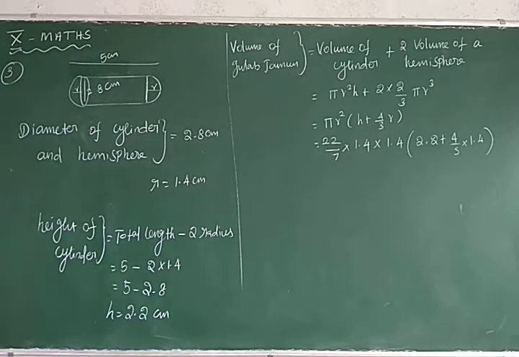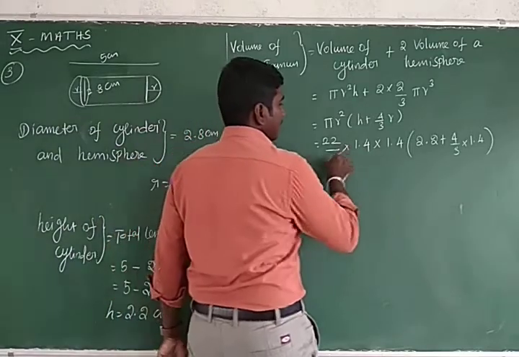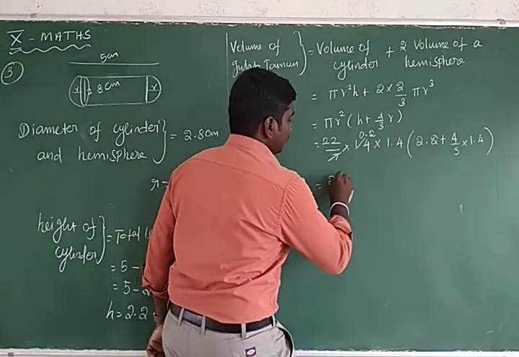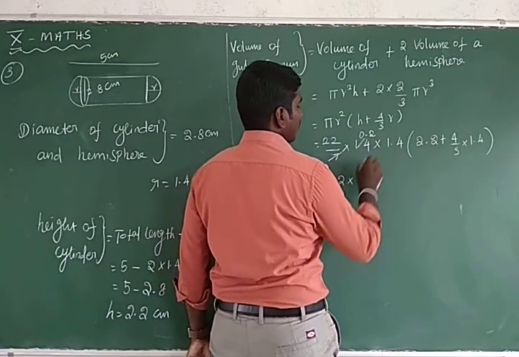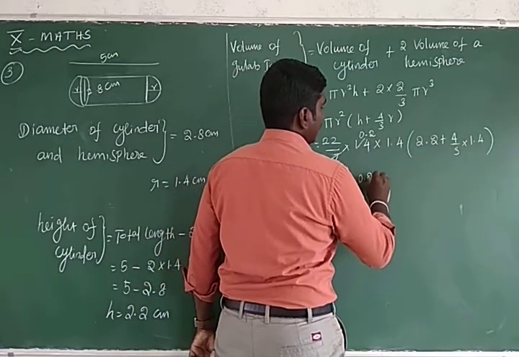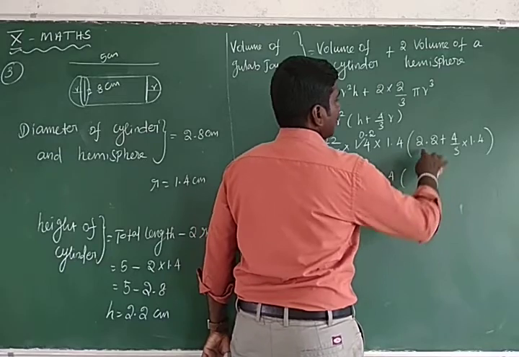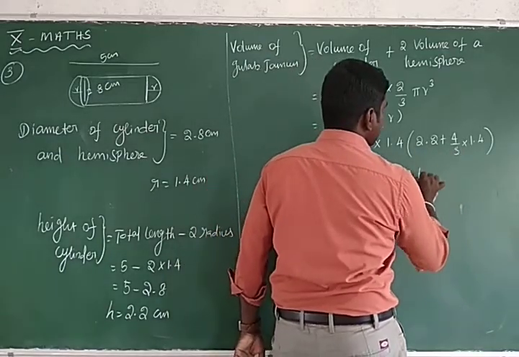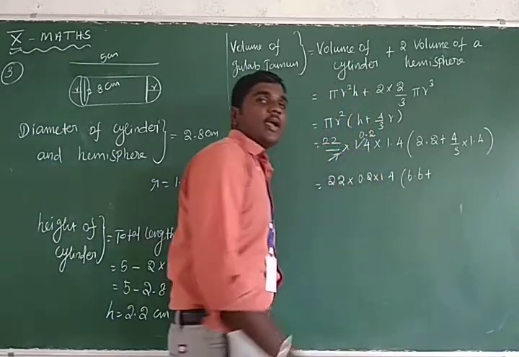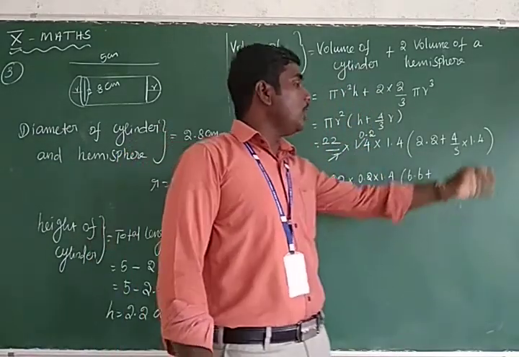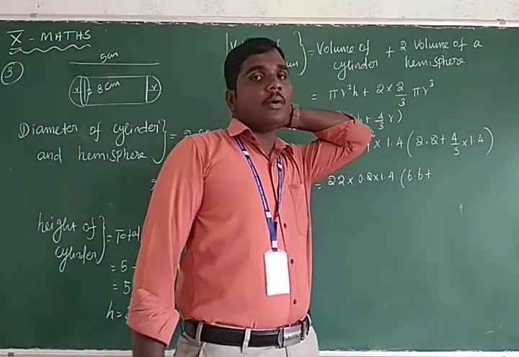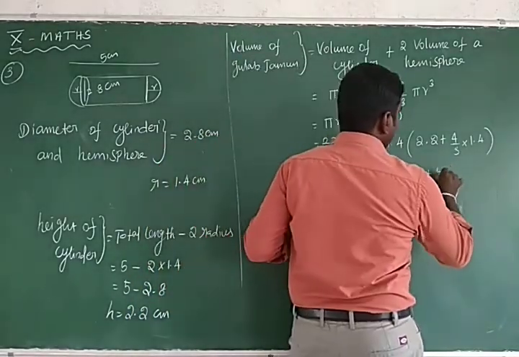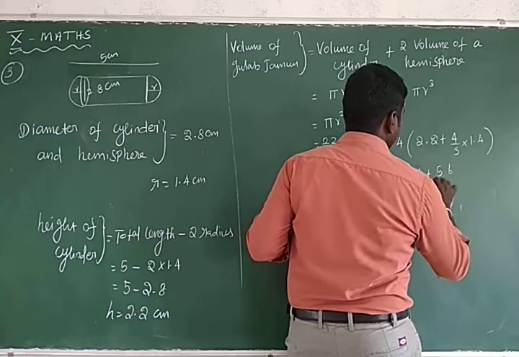Now find it. We can cancel 0.2. 4 into 1.4: 4 fours are 16, 56. So 5.6 will come, divided by 3.